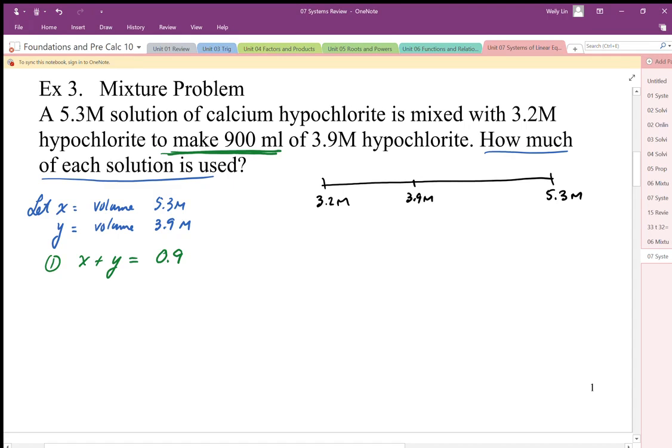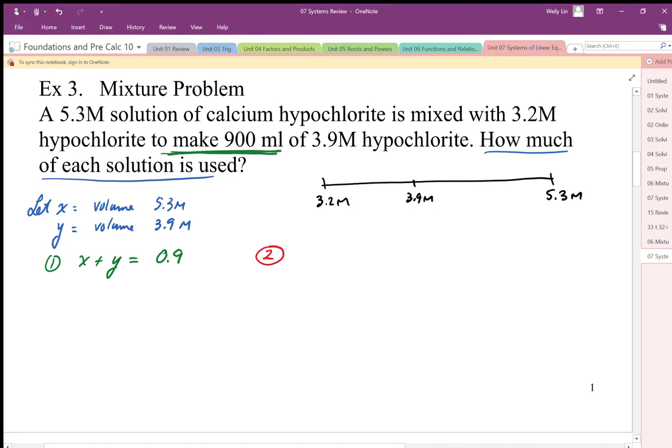So I'm going to make my second equation based on the total amount of hypochlorite that we have. If we multiply the moles per liter, the concentration, times the amount we have, we get the total amount of whatever the substance is. In this case, it happens to be hypochlorite.